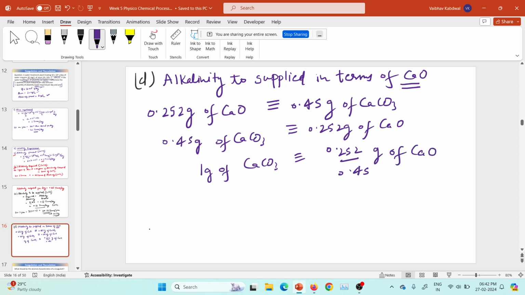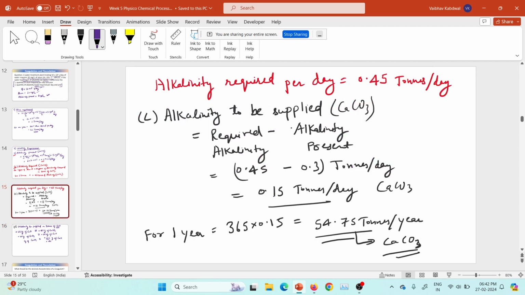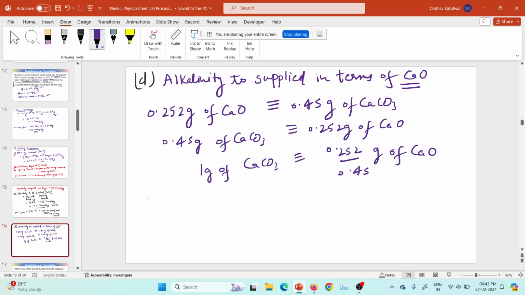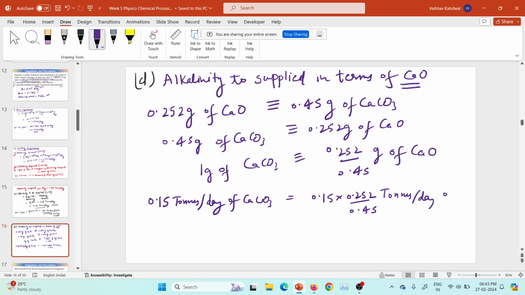So how much alkalinity required? Let's calculate it. 0.15 tons required per day in terms of CaCO3. So we'll write 0.15 tons per day of CaCO3 will be 0.15 into 0.252 divided by 0.45, in same units, tons per day of CaO.